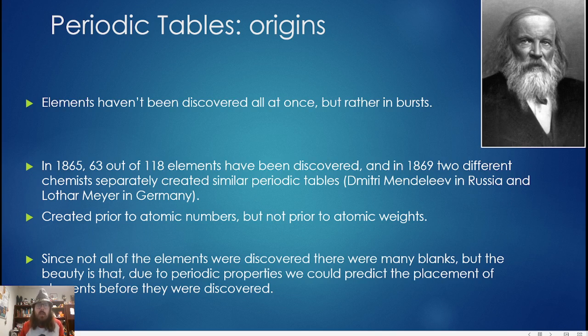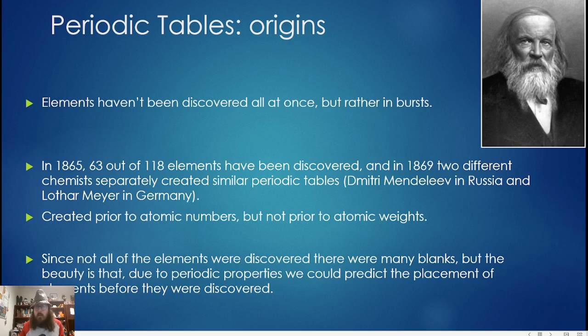Now, what makes Mendeleev's early periodic table so special is because there were plenty of blanks in the table, but due to the knowledge of reactivity and the properties of the various elements that had been discovered, he knew to leave gaps, leave spaces for an element that should go here.